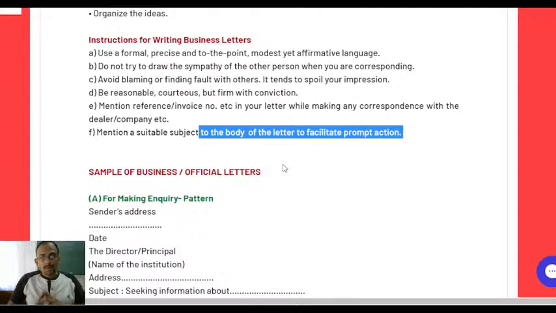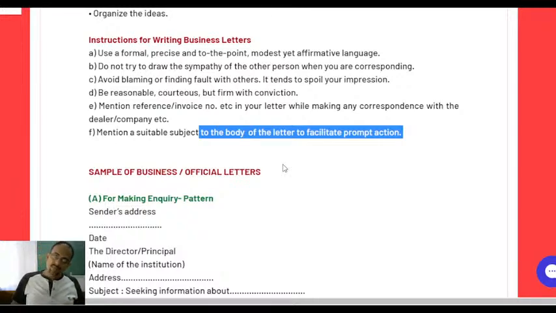But we need to know the draft of the letter, how the letter is written, what are the things to be included in the letter, so that if we learn how to write a physical letter, we shall also be able to write a mail, because mail is nothing but the electronic form of the physical letter.